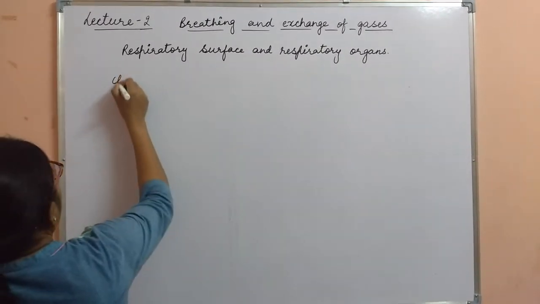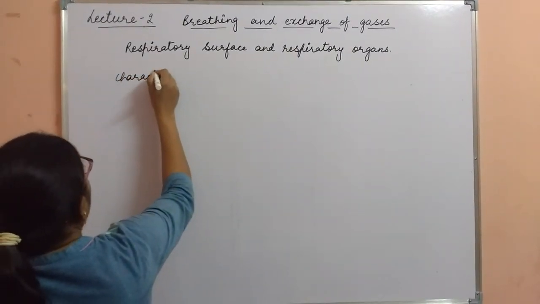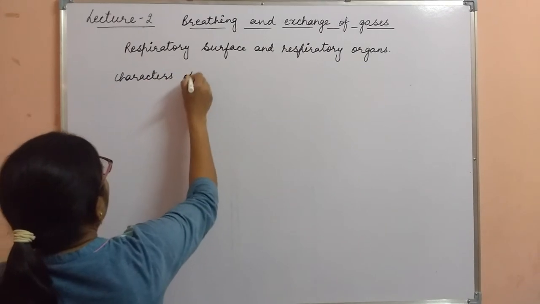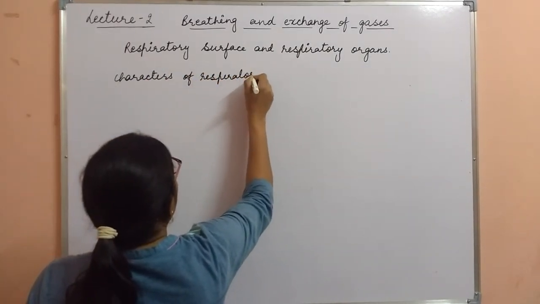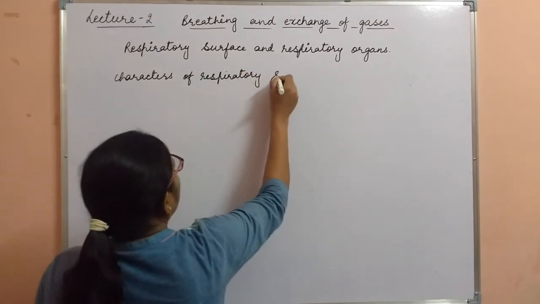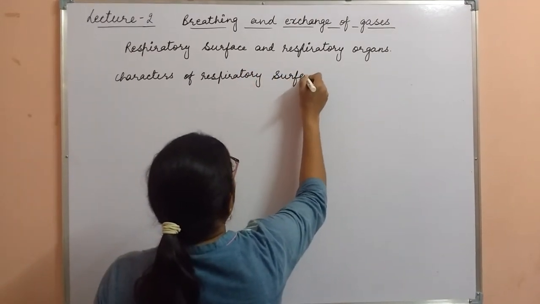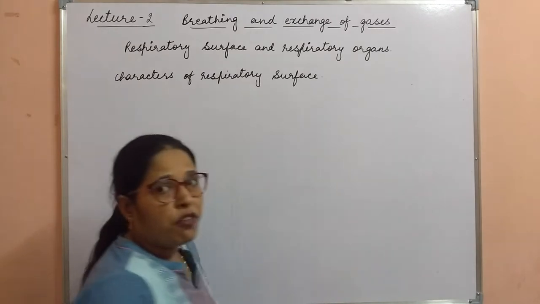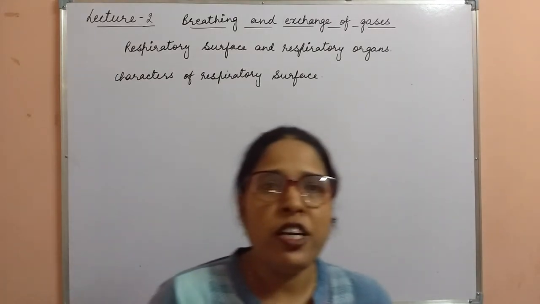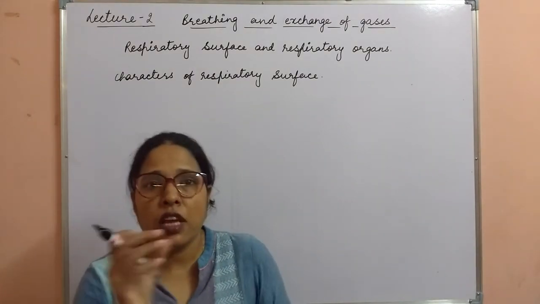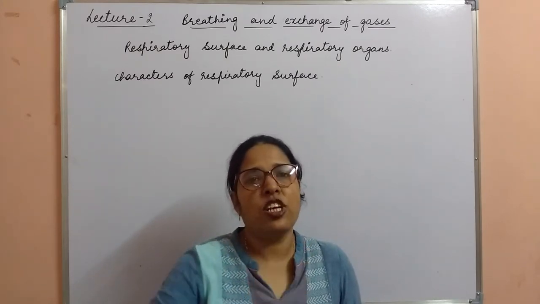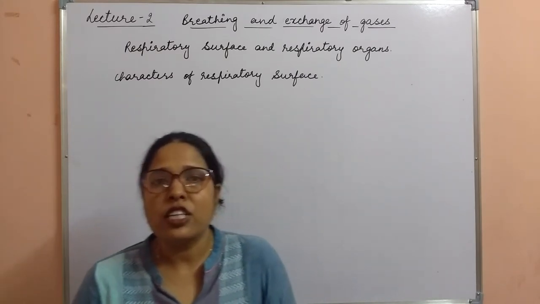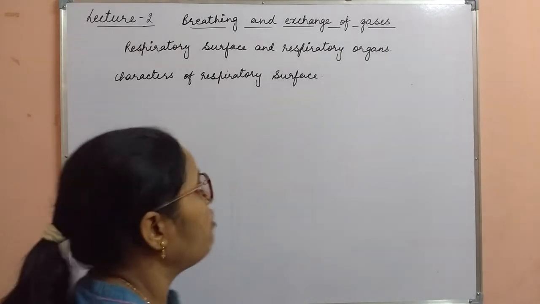So here, the characters of the respiratory surface. First of all, the respiratory surface should be very thin, because we know that gaseous exchange is going to take place. That's why the surface should be very thin.